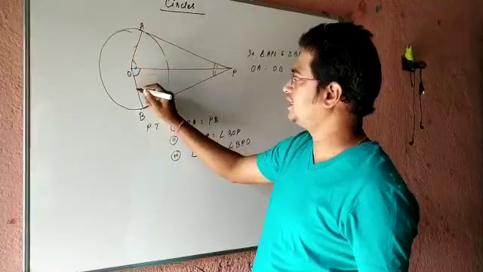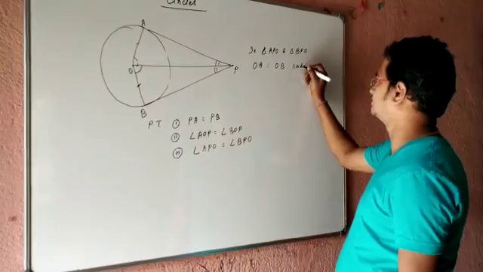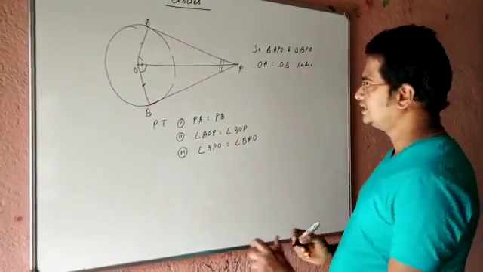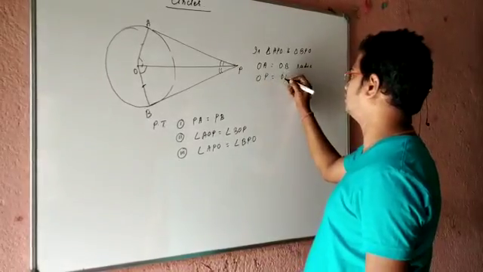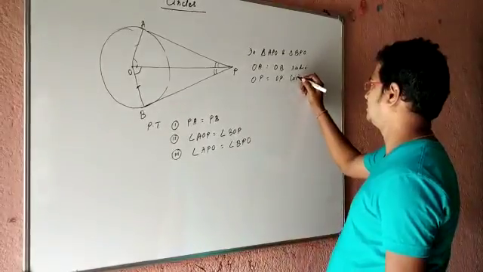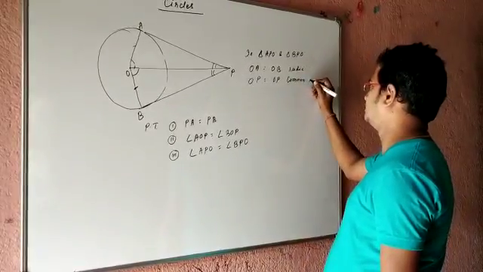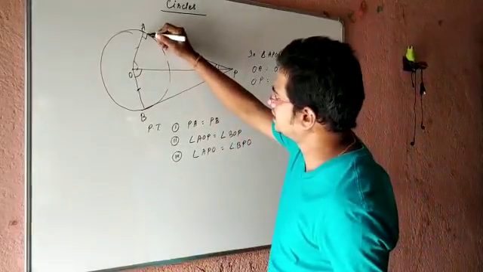Because they are the radii of the same circle. So we can write here radii. Second, we can write OP is equal to OP. This is the common side.